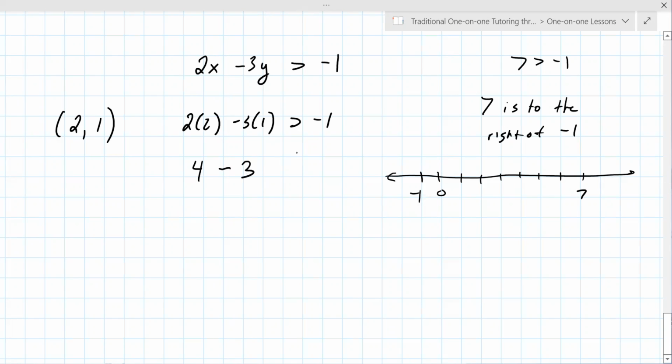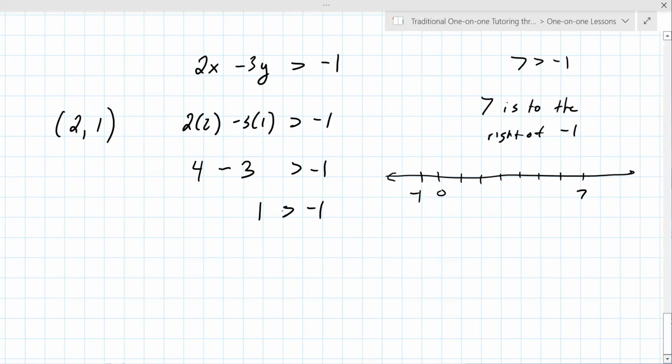Okay, what is 4 minus 3? 4 minus 3 is 1. Is 1 greater than -1? Yes, it is. So you got the right answer, but for the wrong reason. And you have to be careful not to rely on that, because sometimes it will work and sometimes it will not.